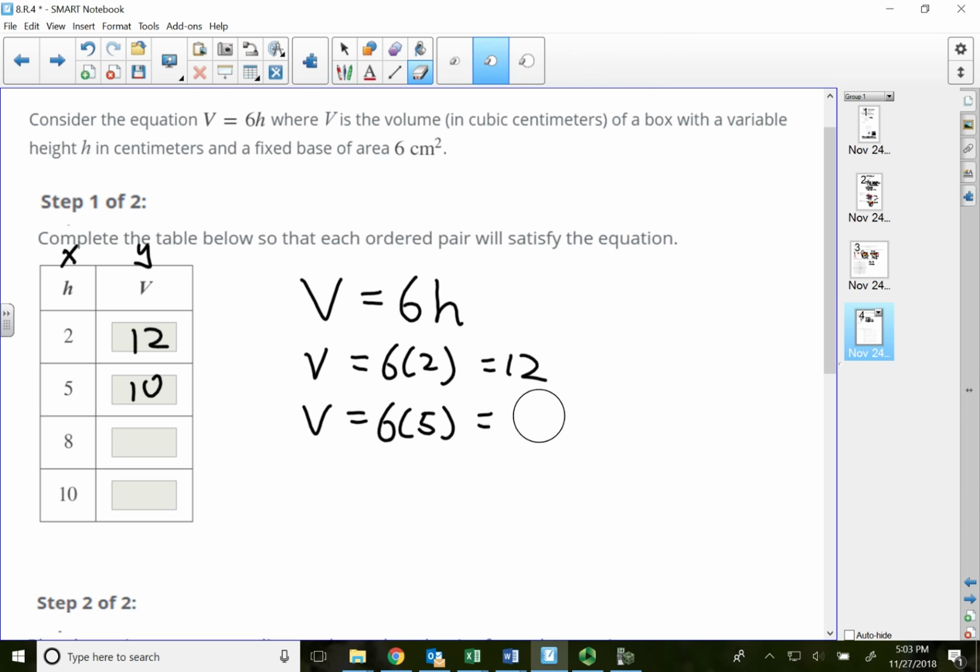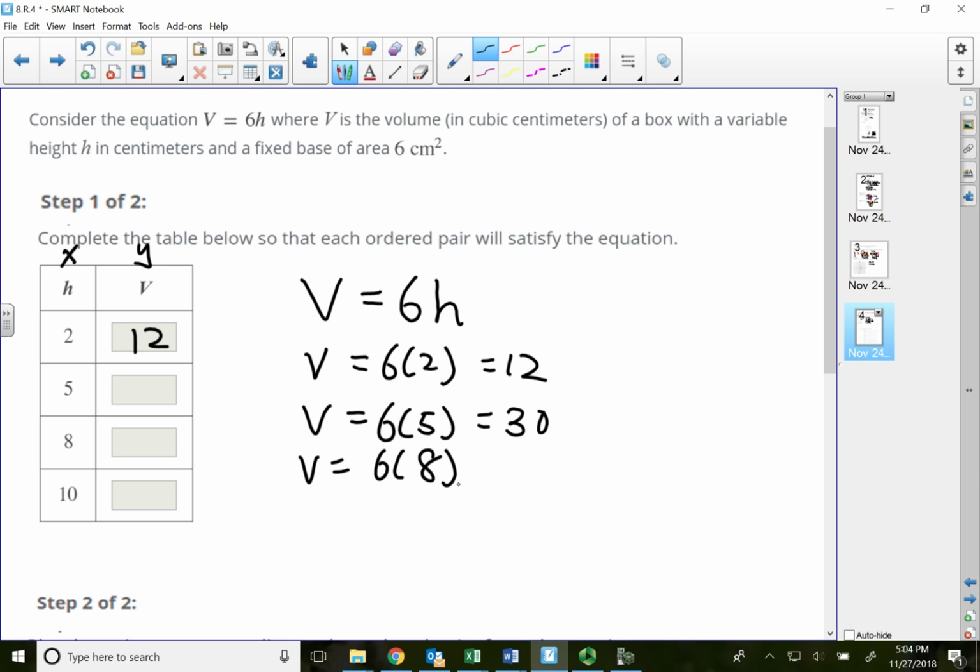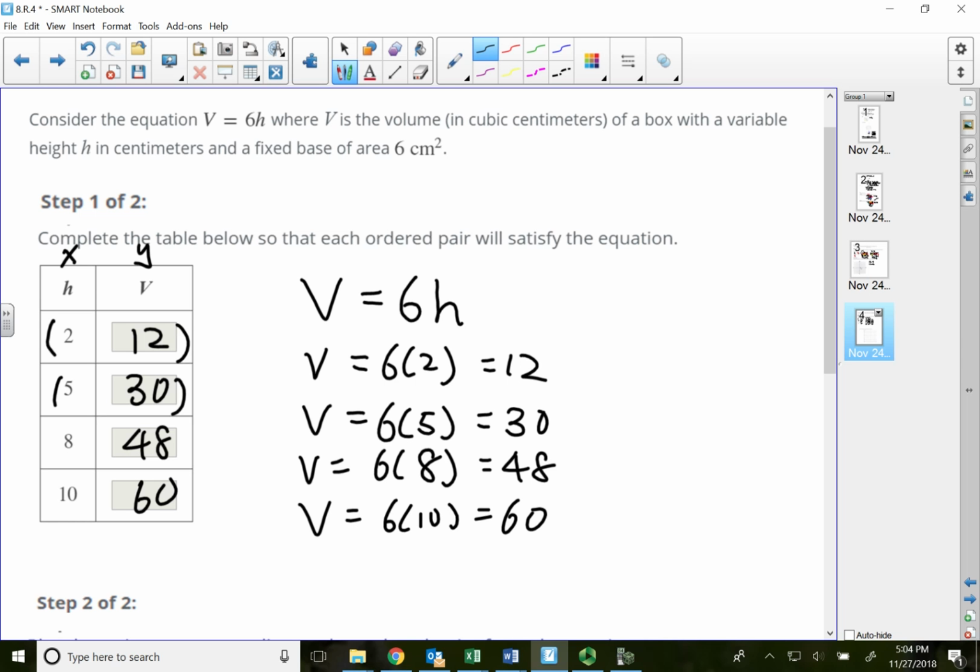I'm sorry. The next one, 6 times 8, 48. And the last one, 6 times 10, which is 60. All right, so I complete my table. Each one of these, h and v, represents a point.